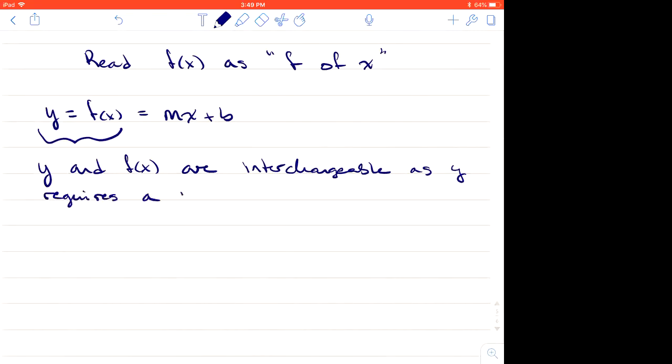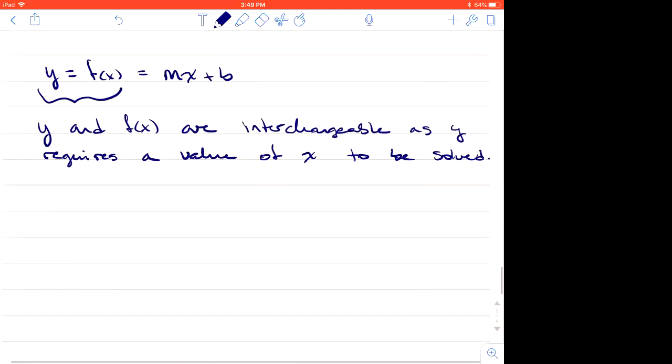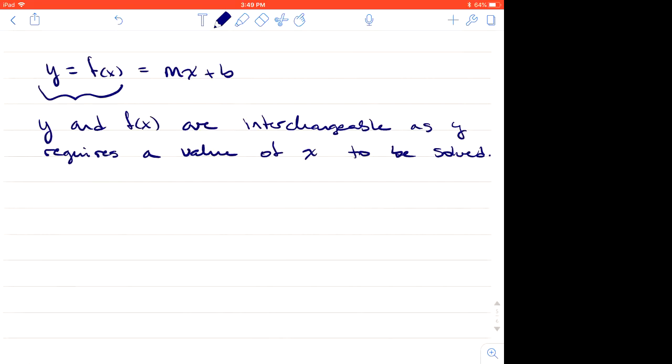So it is a function of x. So we're going to use it as shorthand. We use function notation as shorthand.